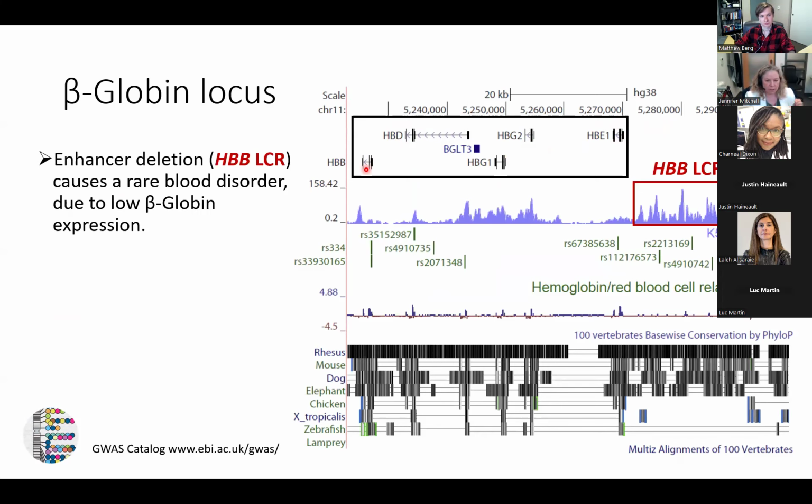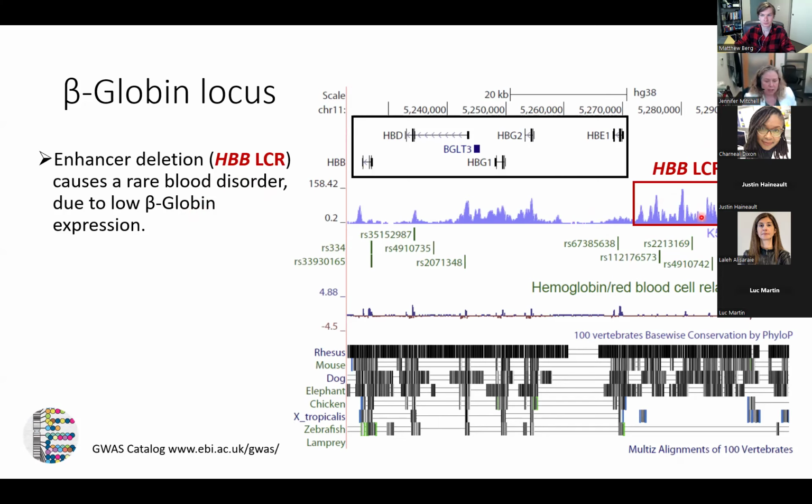It was identified because enhancer deletions were found in patients with a rare blood disorder called beta thalassemia, which is due to low expression of beta globin genes. It was determined that these patients didn't have anything wrong with any of the beta globin genes, but they had a deletion of a region upstream. It was later determined that this region acts as an enhancer to enhance the expression of the beta globin genes in erythroid cells that will later become mature red blood cells.